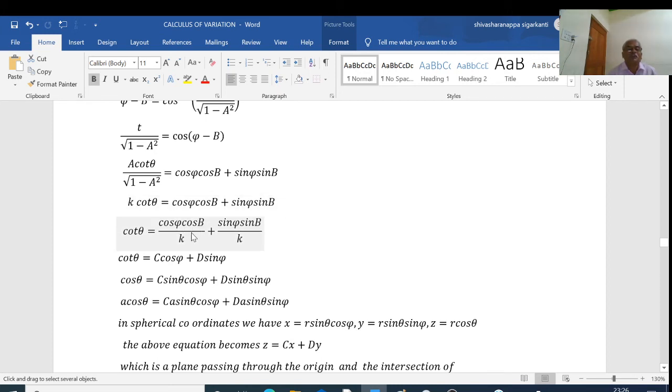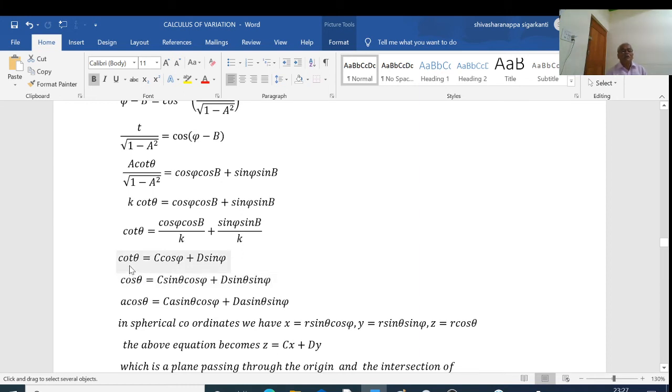I will put this constant quantity as c. C into cos pi plus, here also sin b is a constant quantity, sin b by k is another constant quantity. I will denote this by say d into sin pi. Okay, I am getting cot theta equal to c cos pi plus d sin pi.